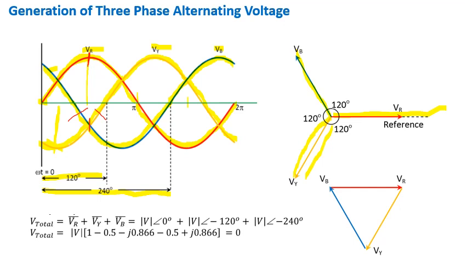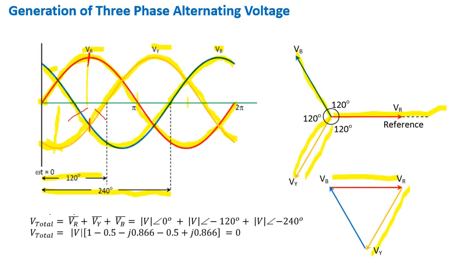This is also evident from this figure, which shows the phasor addition. R phase voltage is drawn as it is. Then the Y phase voltage phasor is added at the tip of VR.